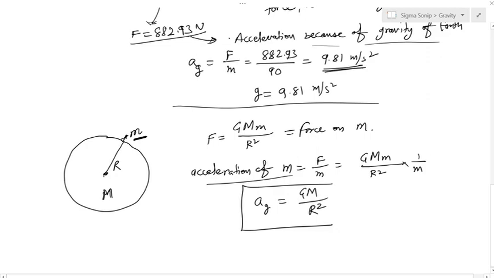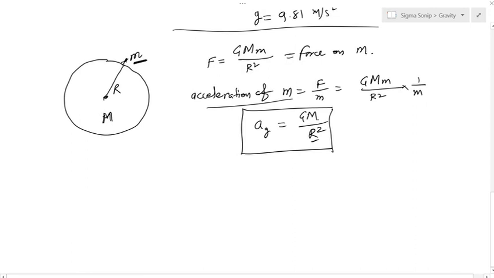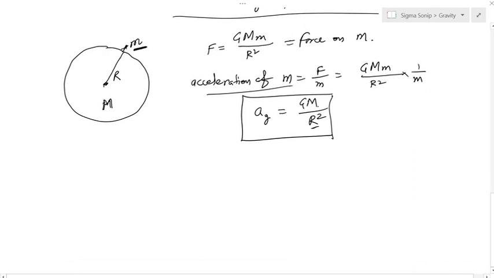Now very important formula. Using this you can find the gravitational acceleration of any planet. M is the mass of that planet and R is the radius of that planet. Very important, and you can use it to find acceleration of any planet.